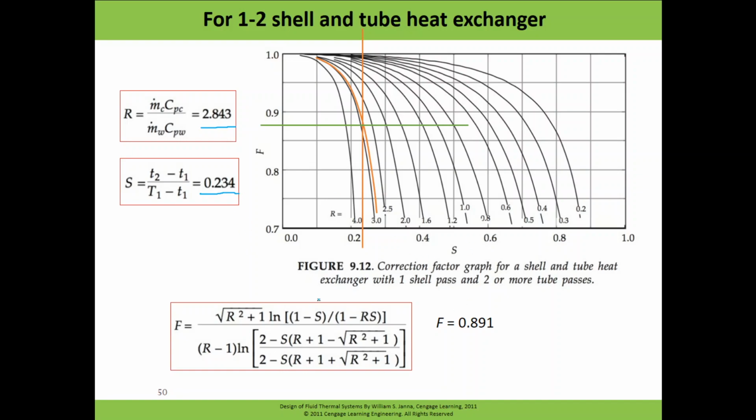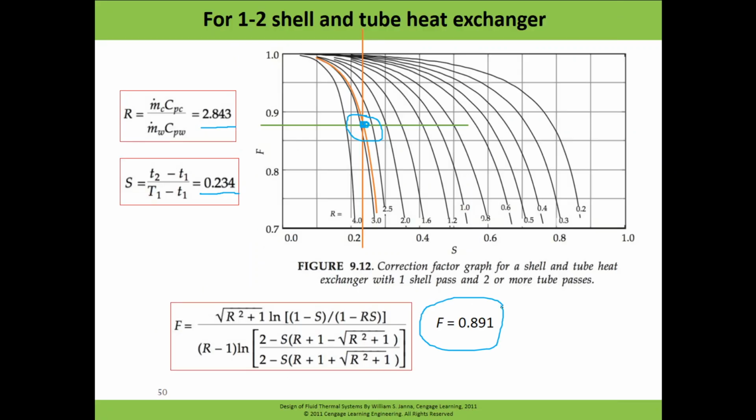So we can go to the chart and find that this is the S scale, and this is the R scale, and this is our point of interest here. This point is around 0.89 something. So this is the value of F now.